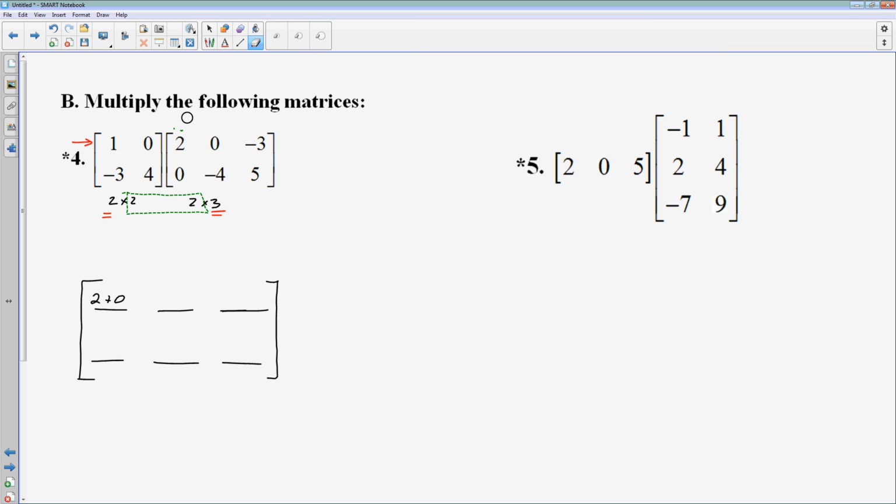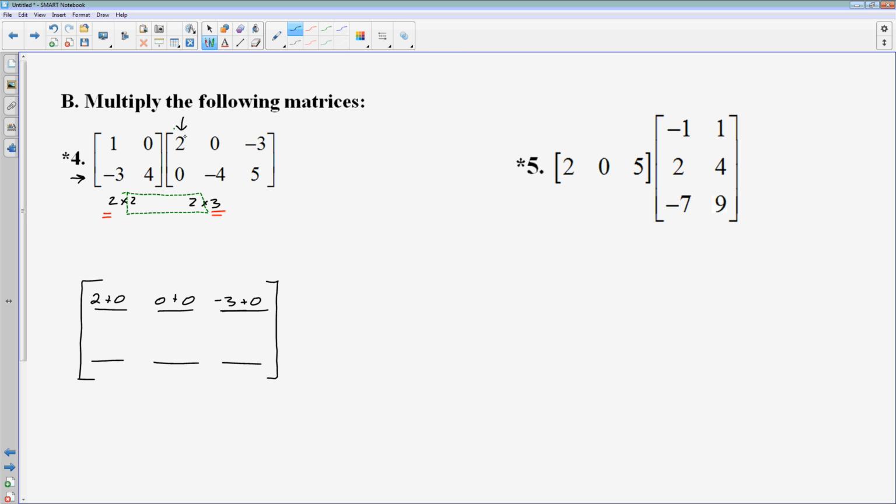And then I will do first row times second column. 1 times 0 plus 0 times 4. And then I'll do first row, third column. 1 times -3 plus 0 times 5. And then I'll move down and do my second row, and I'll start back at the first column.